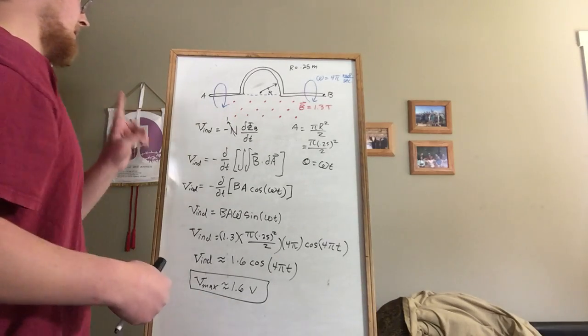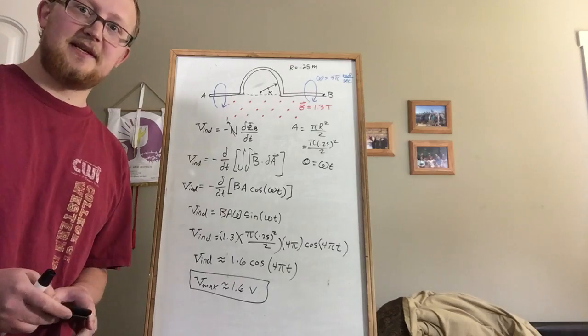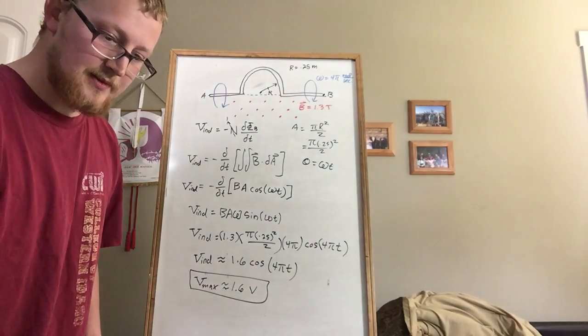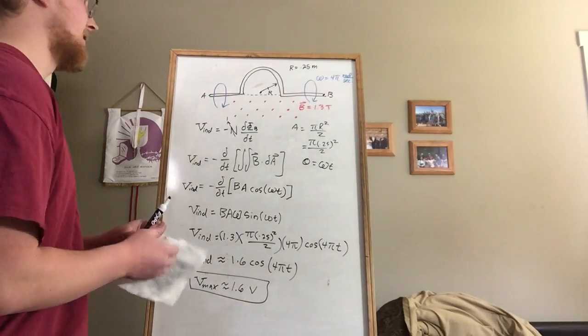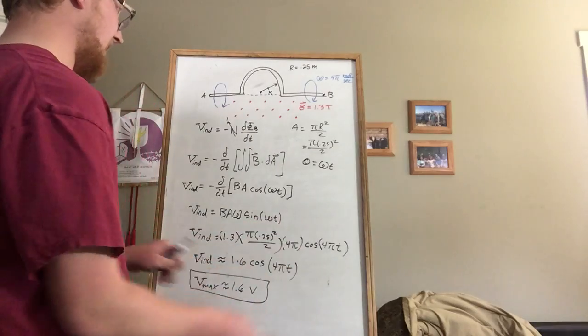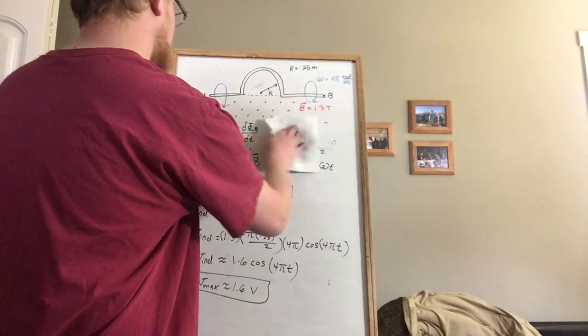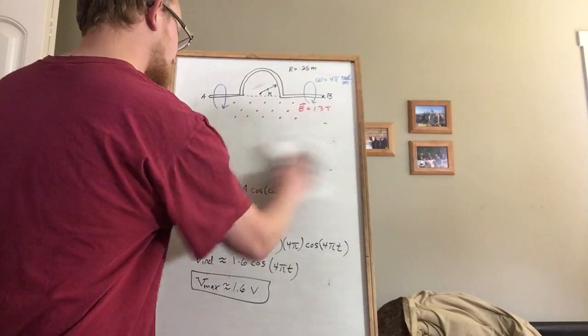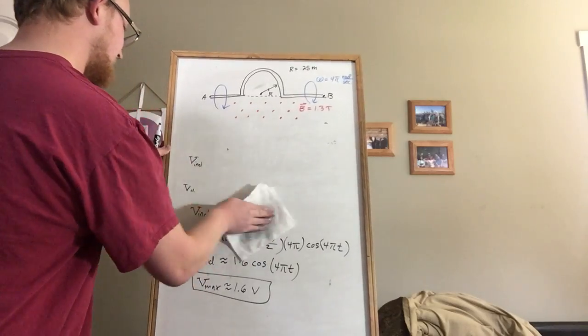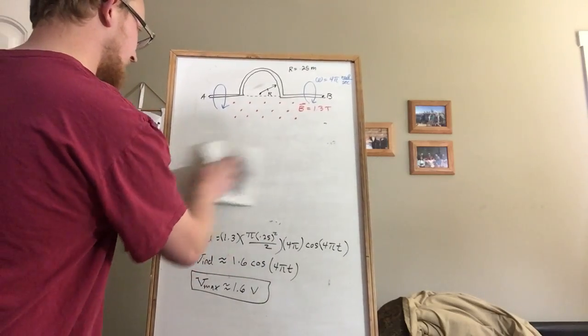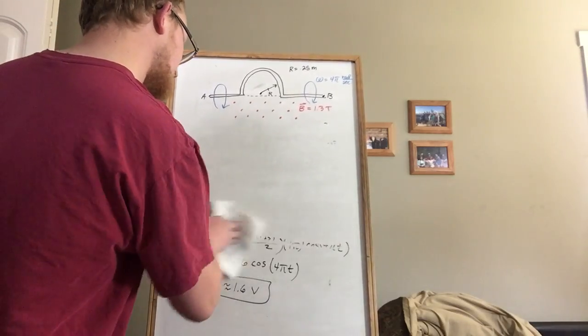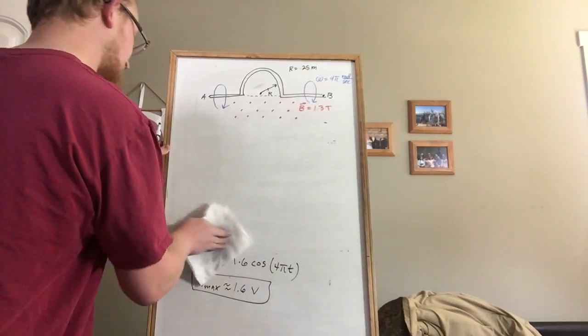And then what's kind of tricky about this problem is the next section. Now that we have this formula, I'm going to erase all the work we did to get here. The next part asks what the average voltage is during this process.